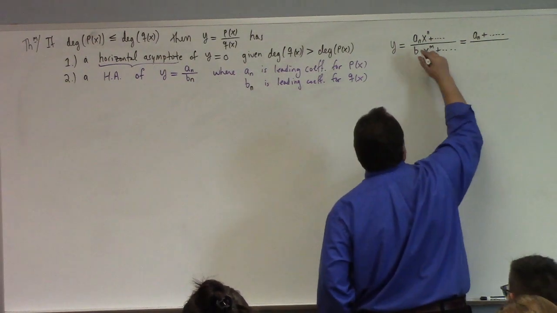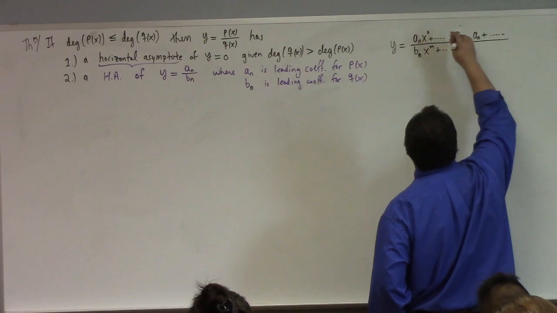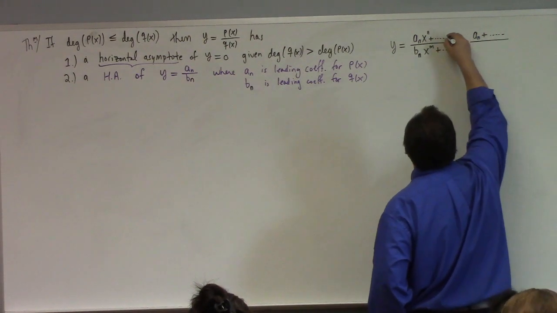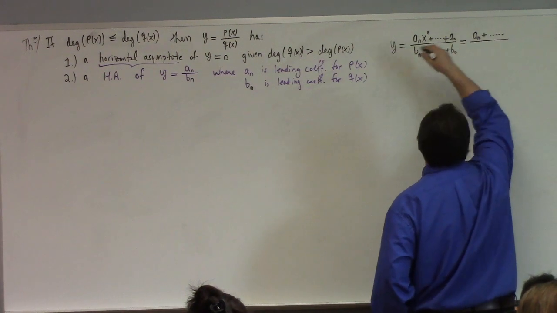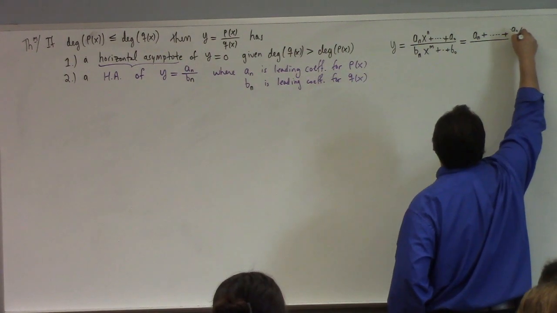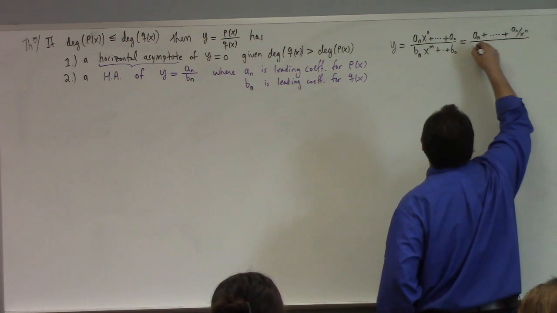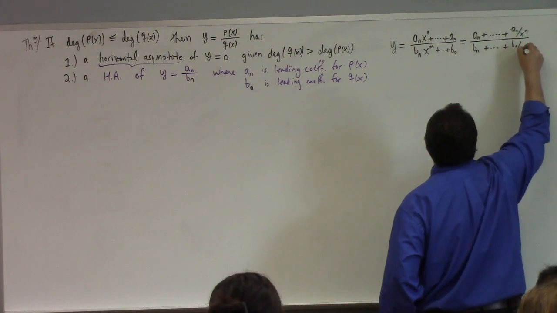The reason for that is that's when this case happens. And so if we just divide, eventually we get to a sub 0, right? Eventually we get to b sub 0 here. And so if I divide the top and the bottom by x to the n, I eventually get a sub 0 divided by x to the n, and down here, b sub n plus dot dot dot plus b sub 0 divided by x to the n.